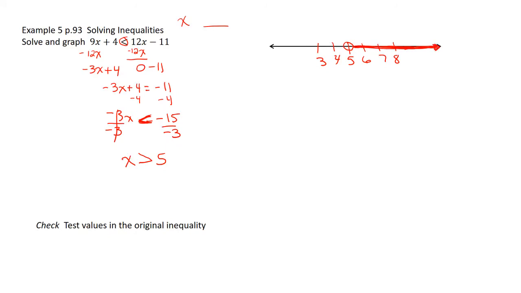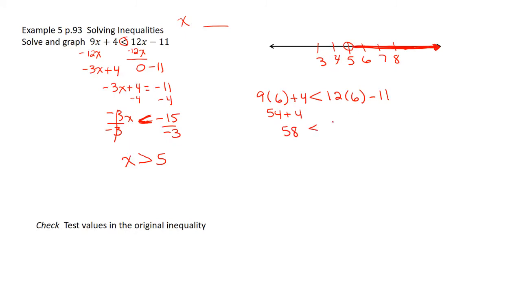Just like before, we still have to check our answers to make sure that we did it right. Let's take one that we know is going to be true, anything bigger than 5. Let's choose 6, to see if it's true. Let's fill into our inequality: 9 times 6 plus 4 is going to be less than 12 times 6 minus 11. 9 times 6 is 54, plus 4 is 58.